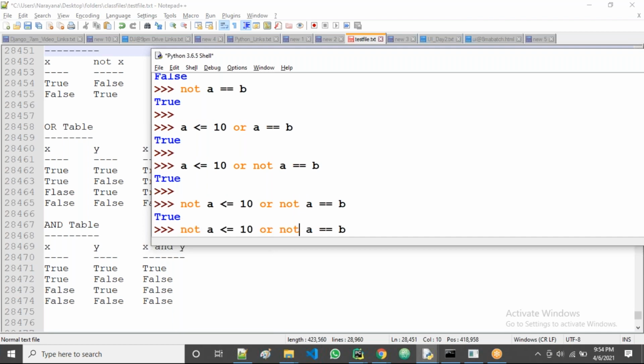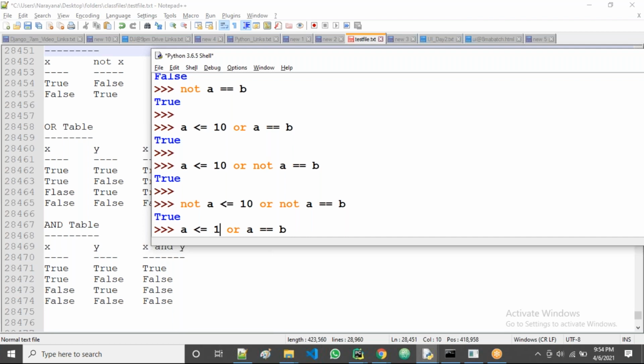Here, I'll remove this not. Here also I remove, guys. I am taking something like this, guys.